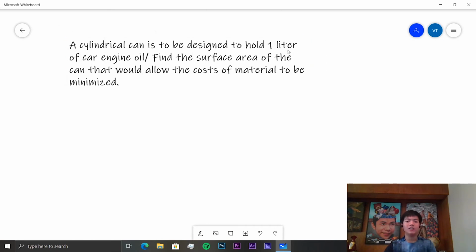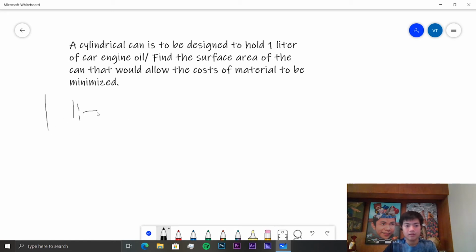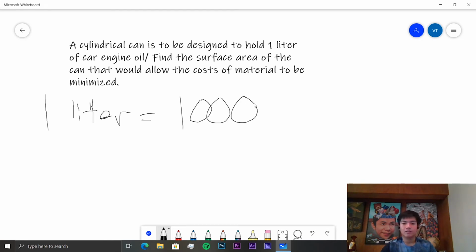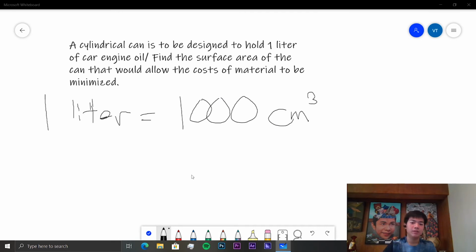If it has to hold 1 liter of car engine oil, 1 liter is equal to, it's not a meter cubed, I think it's equal to 1,000 cubic centimeters. Okay, so we can work with that.